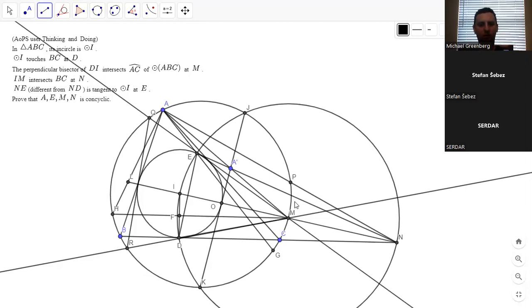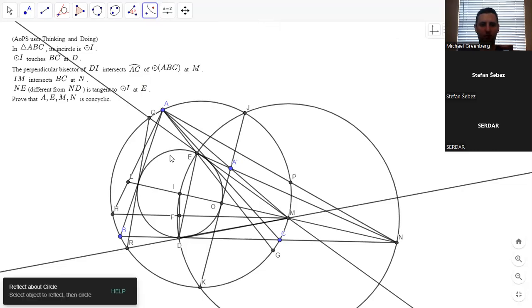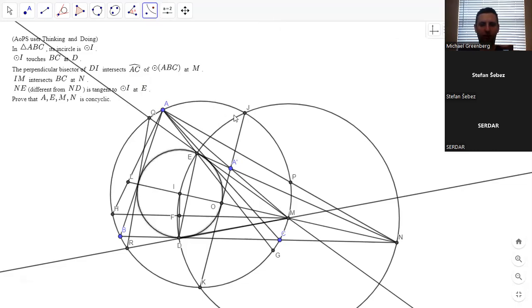You invert around this circle with center M, and the circle goes to some mixtilinear circle or something like that. Oh yeah, and it's tangent.